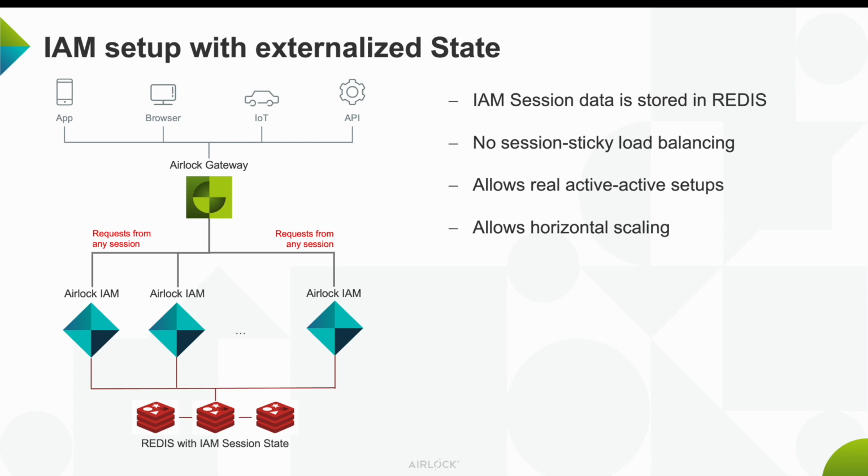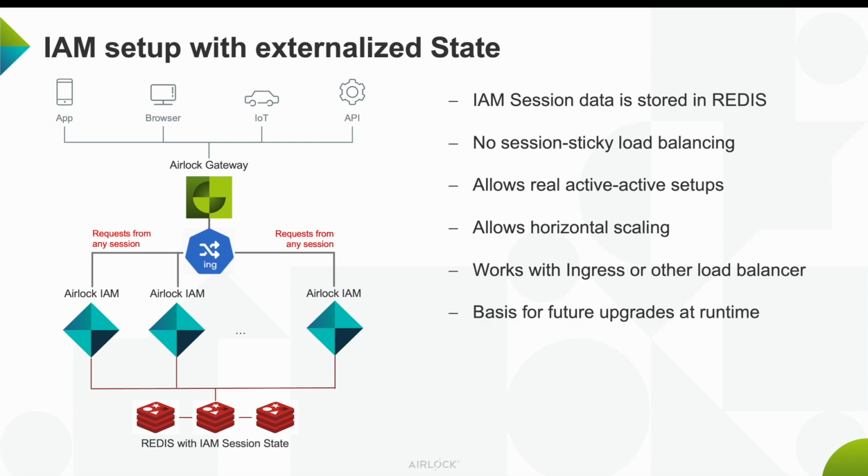So you now have, even across sessions, multiple active IAMs working together. This also allows for horizontal scaling. You can add more IAM instances if you need to scale up, and you can use fewer if you don't have a lot of load. It also works, for example, with an ingress controller of Kubernetes, or with another load balancer that has no concept of session stickiness.